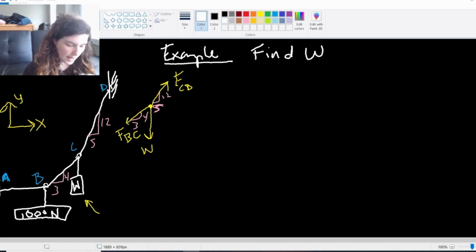All right, so we're going to go ahead and set up the equilibrium equations. Apply the equilibrium equations, right? That's step 3. Apply the equilibrium equations to this free body diagram. So I'll go ahead and say the sum of forces in the x direction is 0.